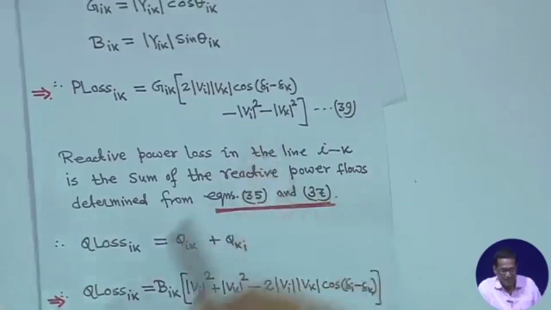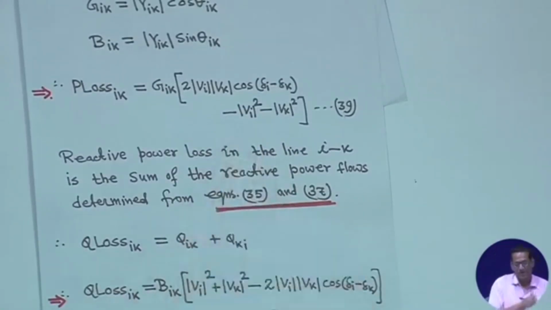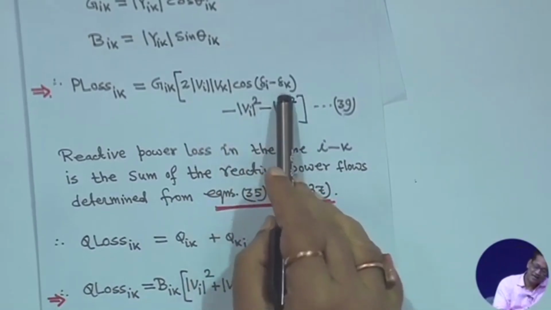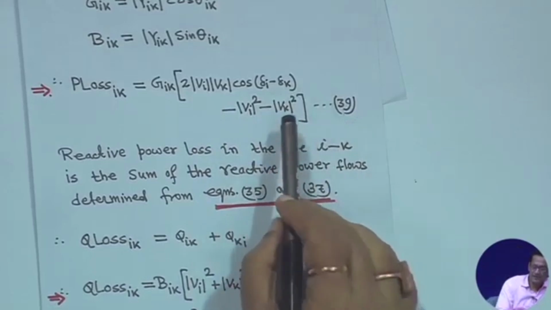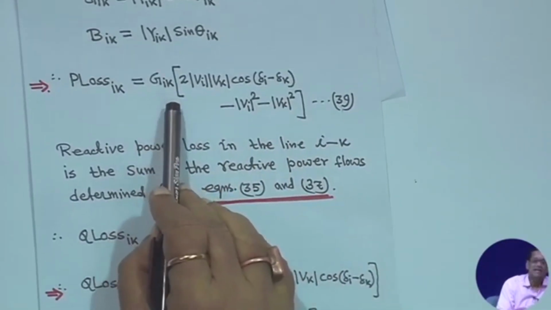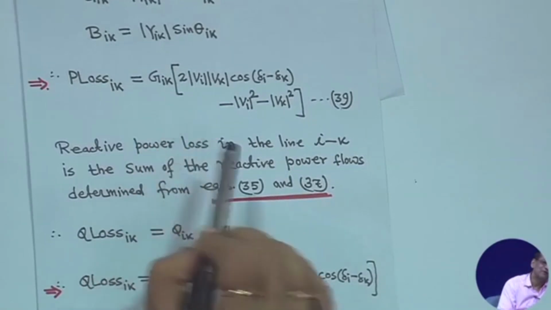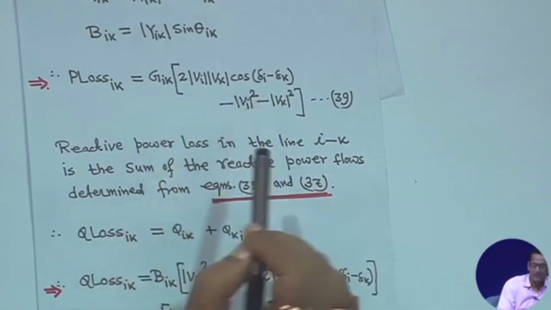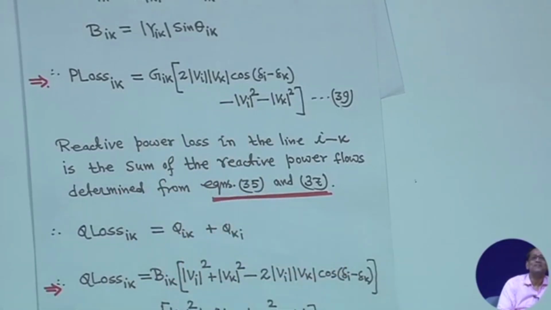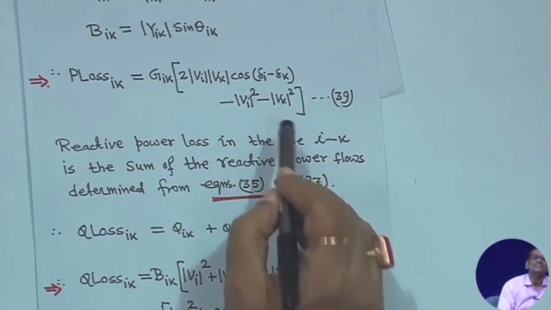This is the loss formula for line i-k, in terms of bus voltage magnitude and bus voltage angle, with G_ik the conductance. This is the formula for the line loss. Of course, the standard formula you know is simply I square R, but this is required in many places.